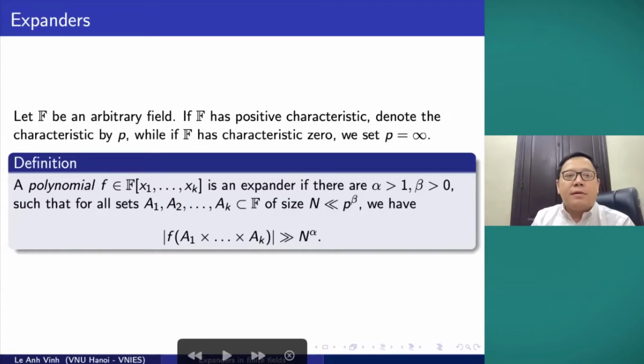The precise definition is: a polynomial f is called an expander if, when you apply it on sets A1, A2, ..., Ak of size n, the set of values of the function has size bigger than n. The growth rate of the expander is defined by alpha, and alpha will be greater than 1. Of course, we want to find strong expanders, which means we want alpha as big as possible.